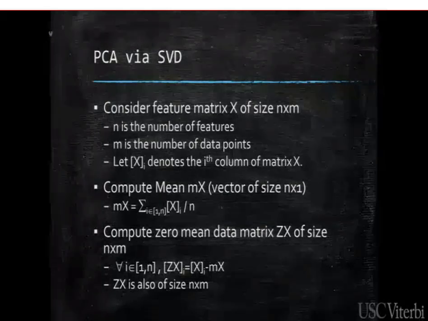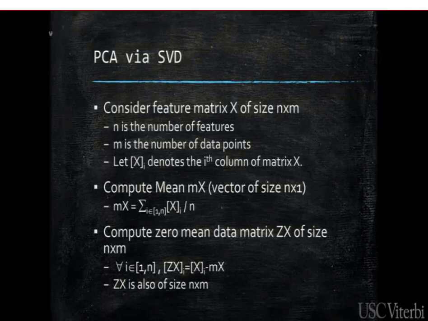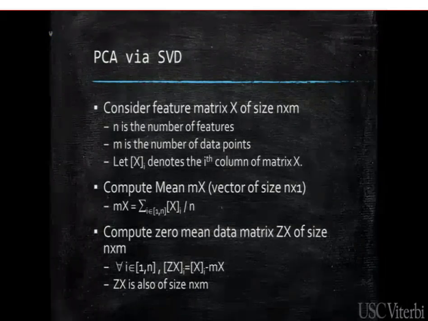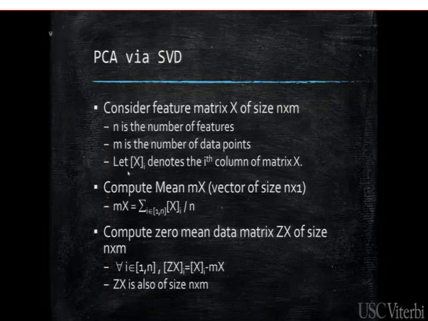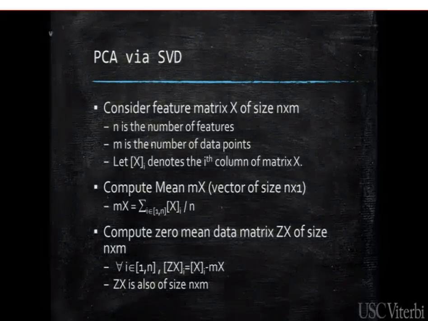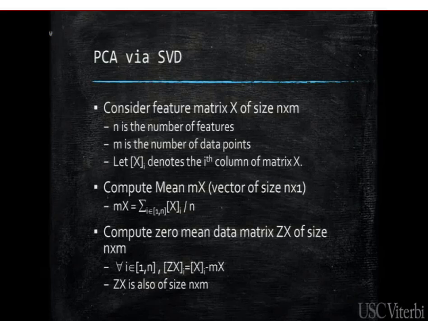If you have a feature matrix X of size n by m, where n is the number of features and m is the number of data points, let xi denote the ith column. What is each column? Each column corresponds to one data point, so each column would be an n by 1 vector.